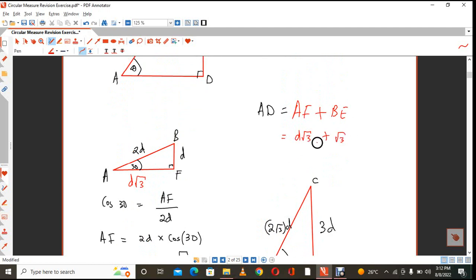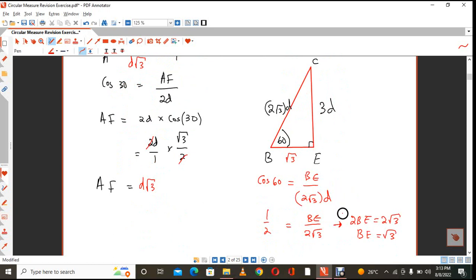This is what I have now. Just make sure you understand that in 2BE there's a D missing here, so it is 2 root 3 D. If you divide by 2, you get root 3 times D. Just make sure we put that back there.